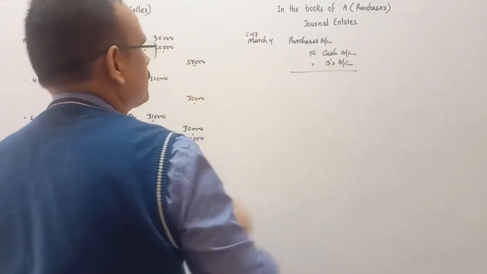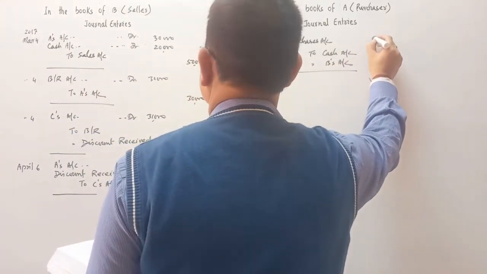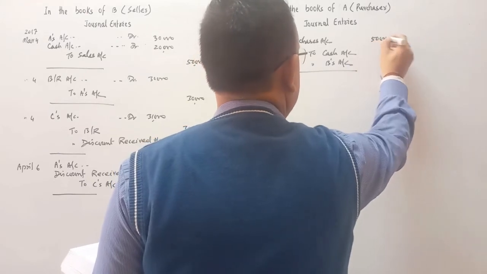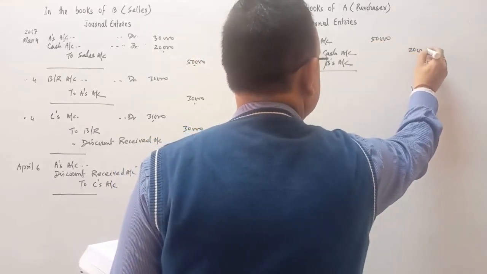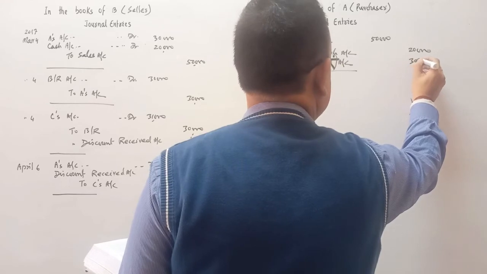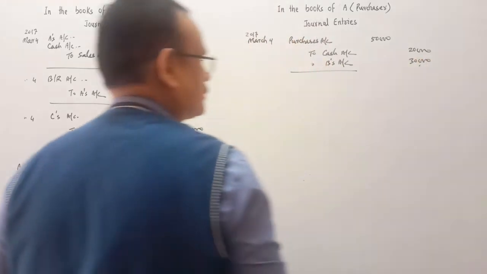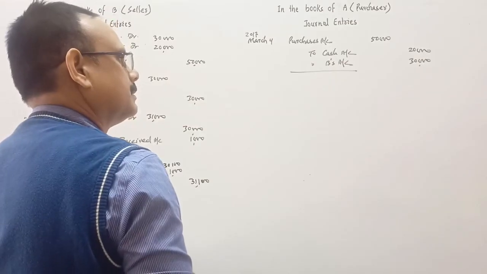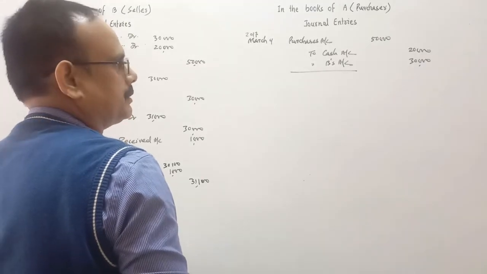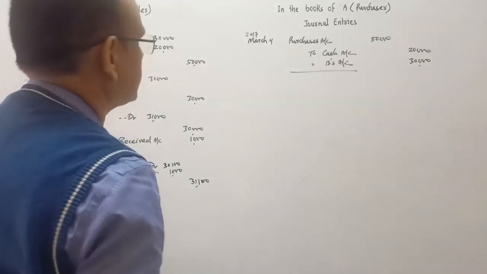So purchase account debit 50,000 is the purchase amount, to cash account 20,000 he has paid, and this is the credit purchase to B's account. Is it clear? To B's account.